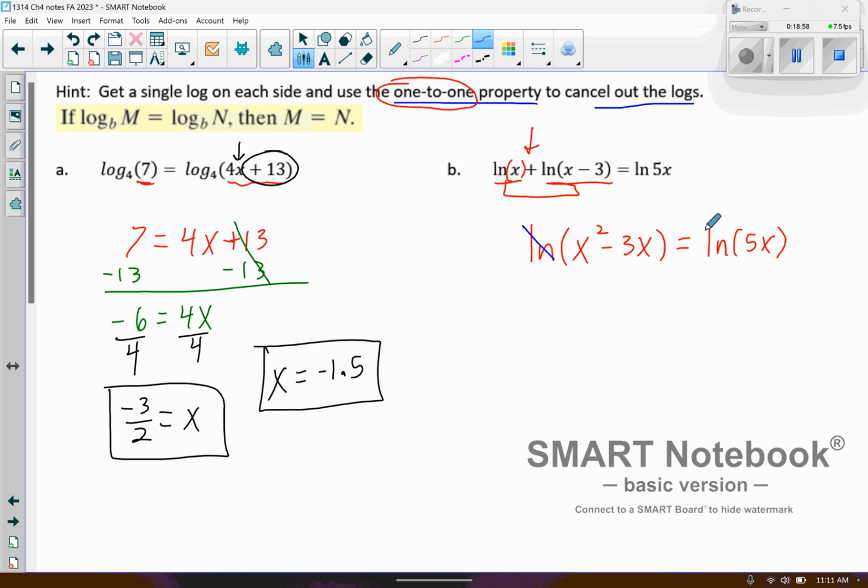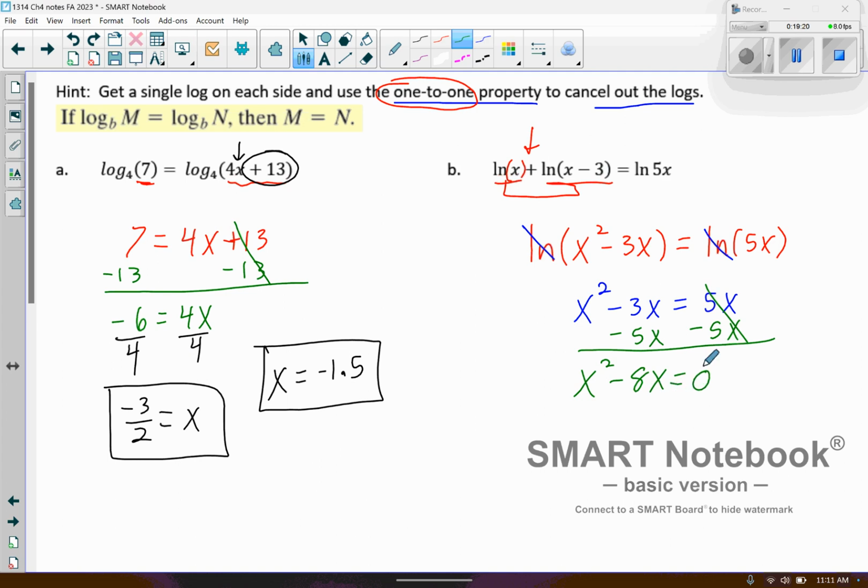Now I can remove the natural logs and just focus on solving x squared minus 3x equals 5x. So then what I'm going to do is set this equal to 0 by subtracting 5x from both sides. And I'm left with x squared minus 8x equals 0.